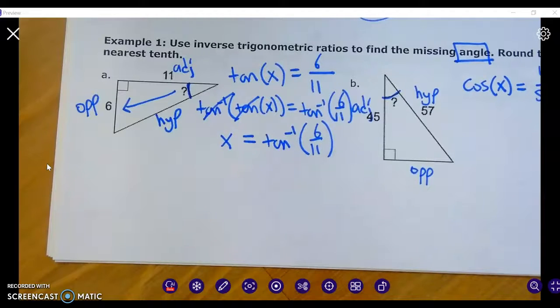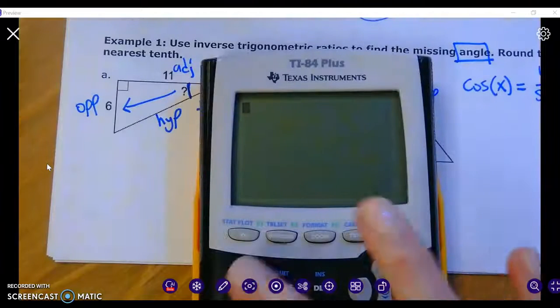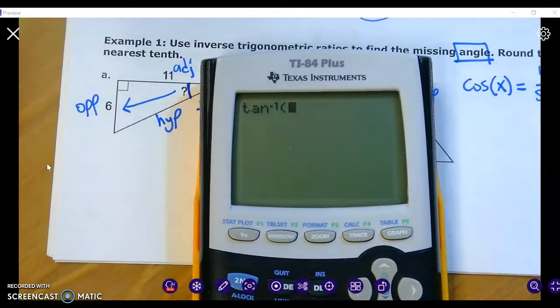Okay, so go get the inverse tan in your calculator. And then type in your two numbers, so 6 divided by 11. And then hit enter. And you should get a number between 1 and 89, because we're talking about angles now. Did you guys get this?